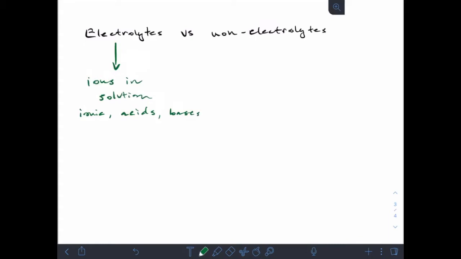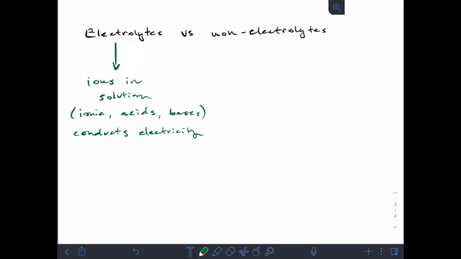Things that make ions in solution. And the defining characteristic of an electrolyte is that it will conduct electricity. Electrolyte solutions conduct electricity.